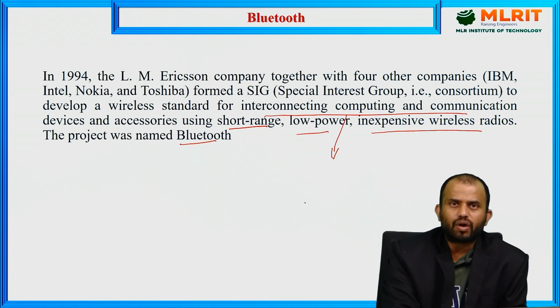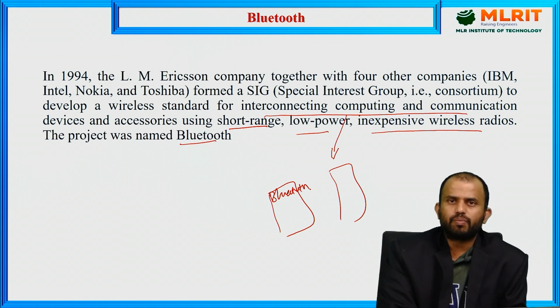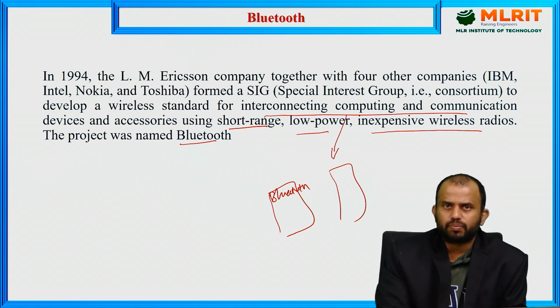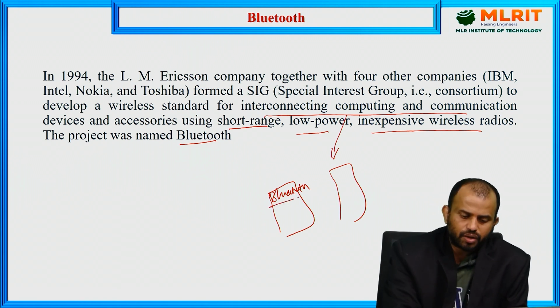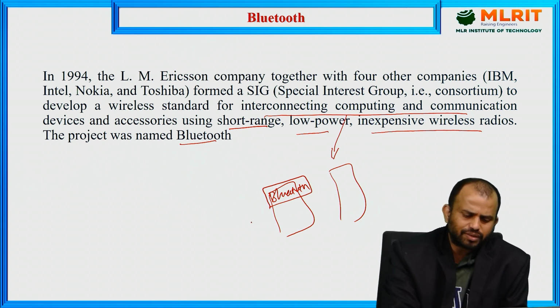Why do we call it short range, low power, and inexpensive wireless radio? Because every mobile phone has Bluetooth, or else we have a separate Bluetooth module as well. The Bluetooth module should be an inexpensive wireless communication radio, and it takes less power.